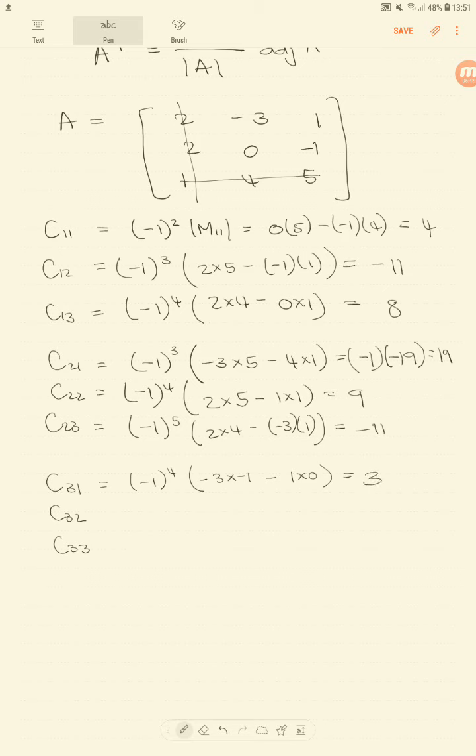This is equal to 3. C32 is minus 1 to the power of 5 times, deleting row 3 and column 2, which is 2 times minus 1 minus 1 times 2. This is equal to 4.